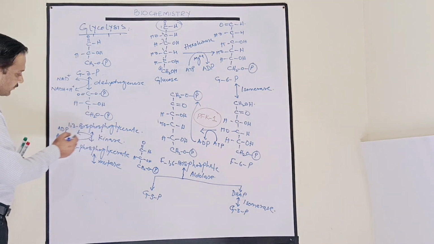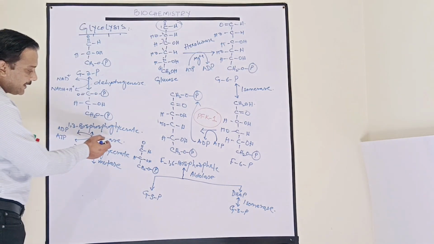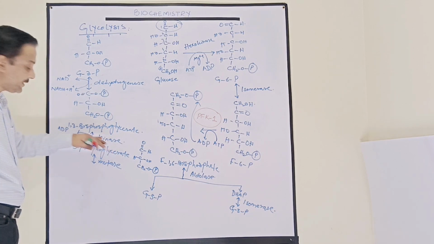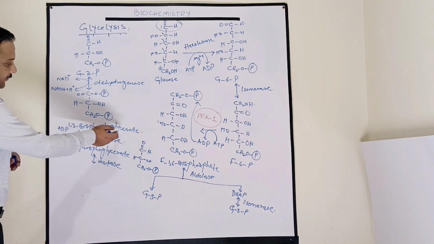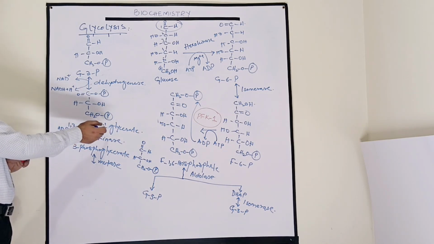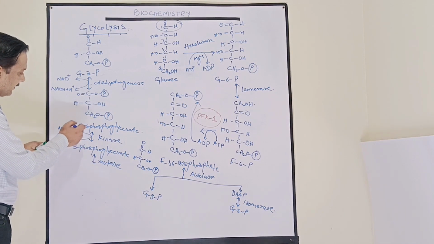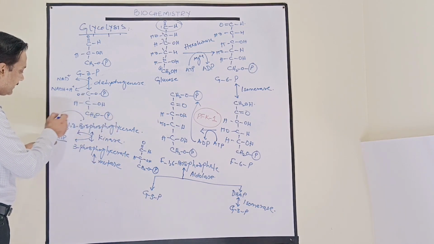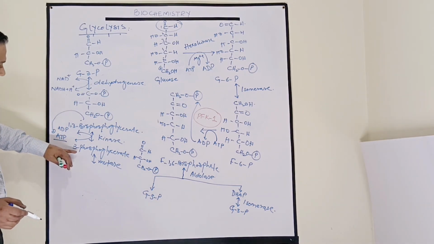This 1,3 bisphosphoglycerate in the next reaction is converted into 3-phosphoglycerate. The enzyme responsible is kinase. Here one molecule of ADP is converted into ATP, and one phosphate liberated from 1,3 bisphosphoglycerate is incorporated here and ADP is converted into ATP.